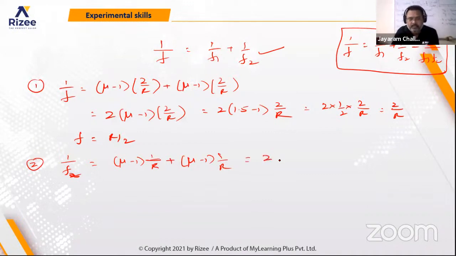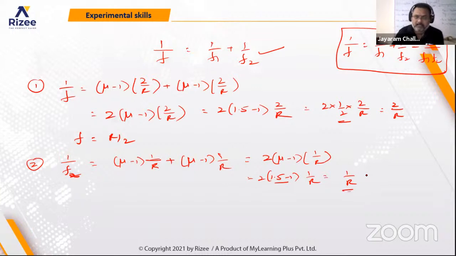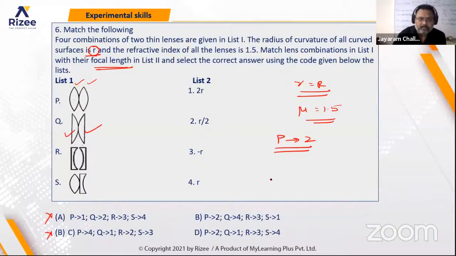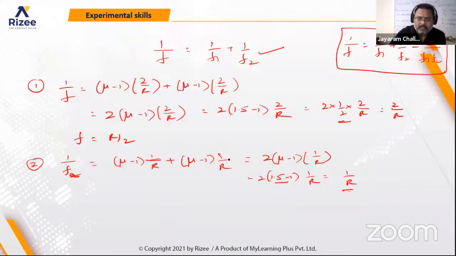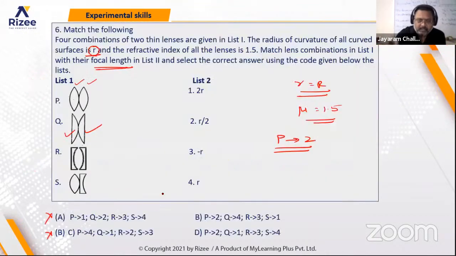Now add them up: 2 into (mu - 1) into 1/r, which is 2 into 1.5 minus 1, that is 1/2, into 1/r. So the final answer is 1/f = 1/r, since 0.5 can be written as 1/2. Sorry, here I have got 1/f = 1/r, so f should be equal to r. For this one, I need to search.